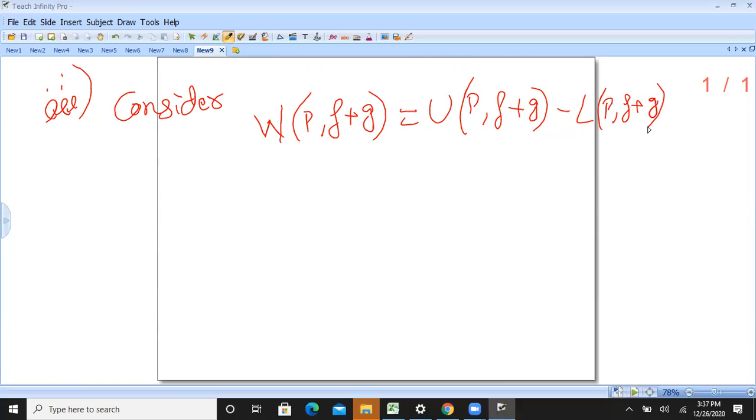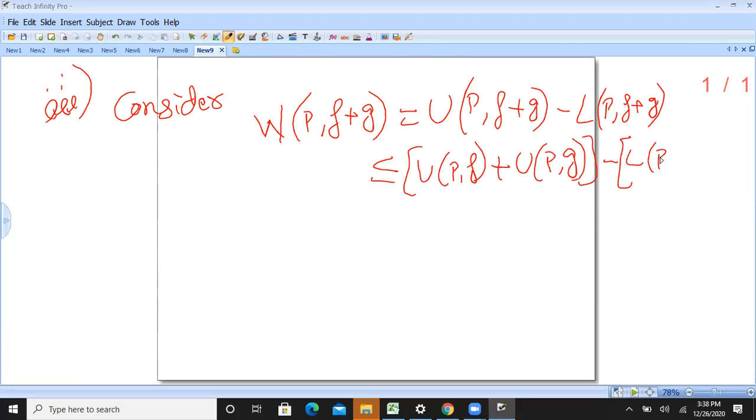Upper sum, lower sum and oscillatory sum: all the W forms start from the oscillatory sum. But by the definition, this is less than or equal to U(P, f) plus U(P, g) minus of L(P, f) plus L(P, g).